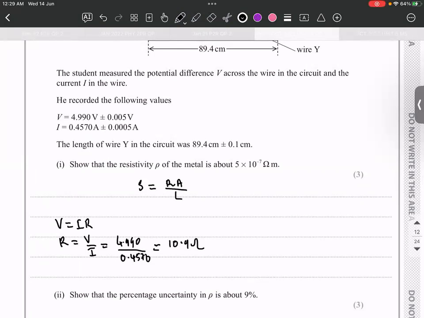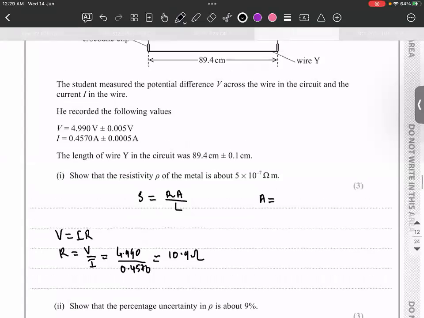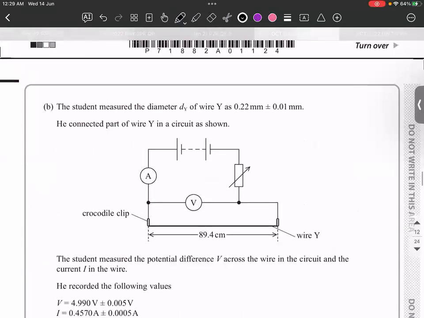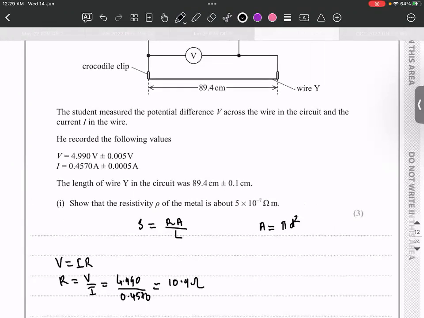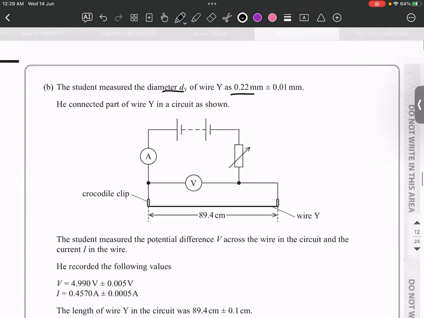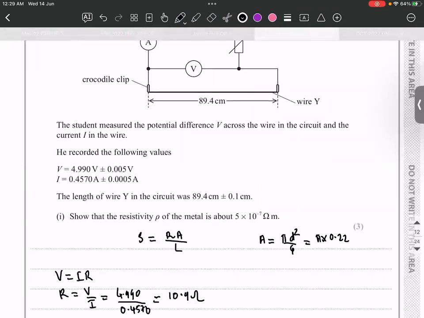Now, what is the area? Area is the cross-sectional area. The diameter is 0.22. So therefore pi d square by 4, since it is diameter. So pi d square by 4 means pi multiplied by 0.22 whole square divided by 4.